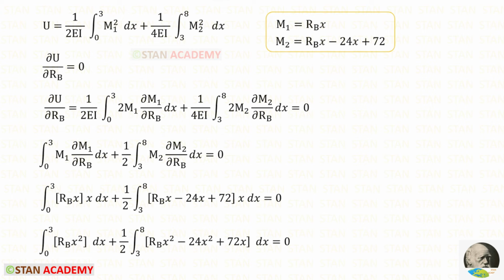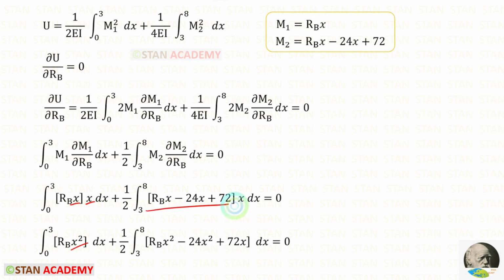Let us partially differentiate M1 with respect to RB. For RB, it will be 1. 1 into x, it will be x. Let us partially differentiate M2 with respect to RB. For RB, it will be 1. In these two terms, there is no RB, so the differentiation will be 0. 1 into x, it will be x. x into x, it will be x square.